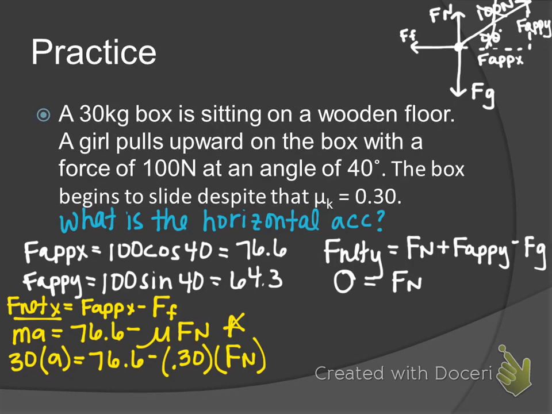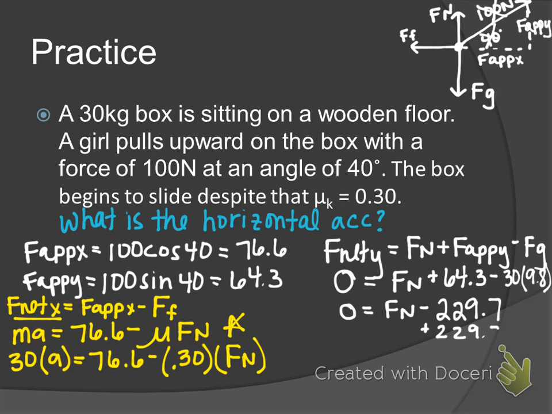We're solving for our normal force, so we're going to keep that. We know what F applied y is equal to, 64.3. And we know F sub g is mass times gravity, so 30 times 9.8. So that leaves me with 0 equals normal force minus 229.7. And I'll add this to the other side, and that gives me my normal force.